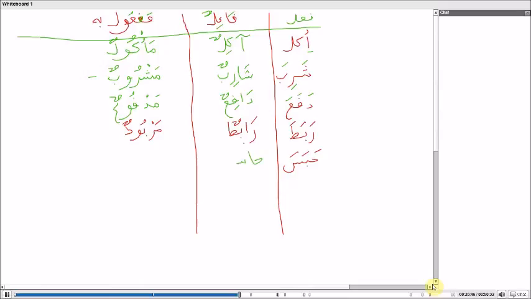Habis is the one doing the arresting. Right? And the one arrested is what? Mahbusun.